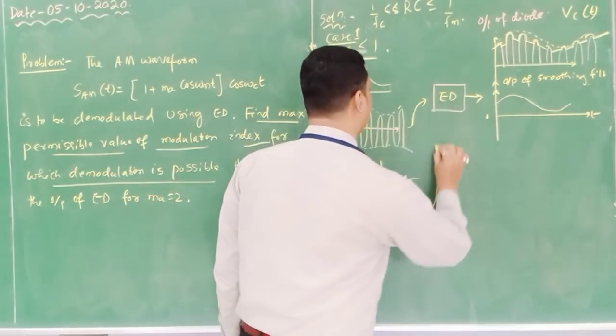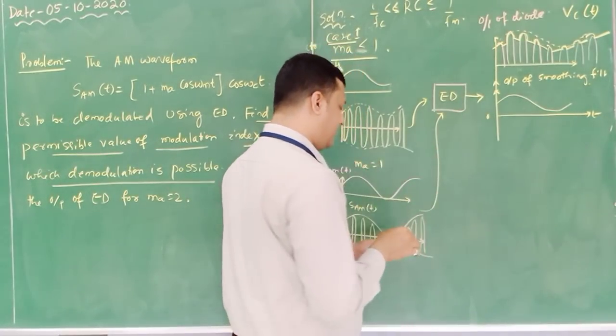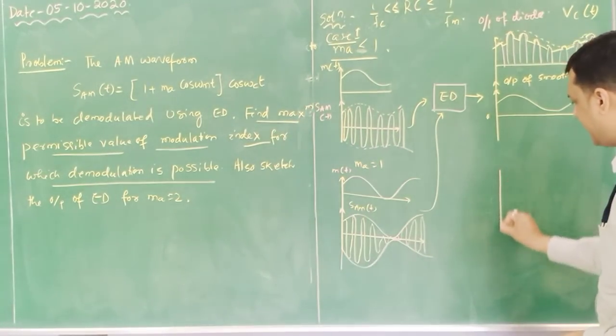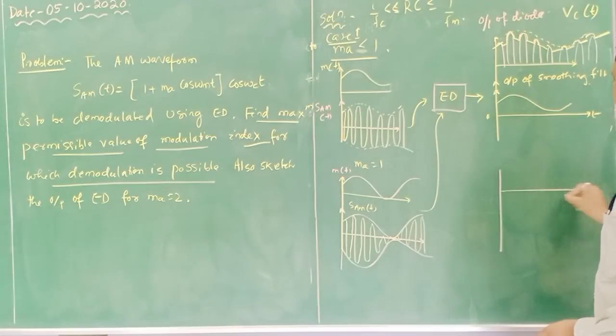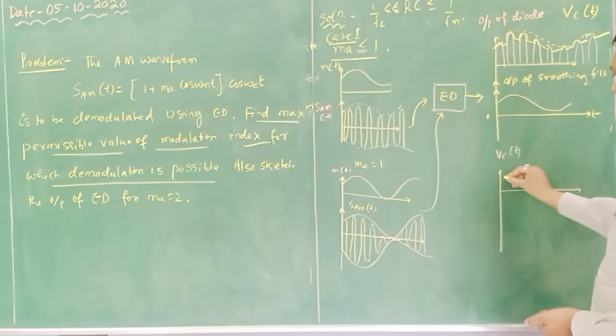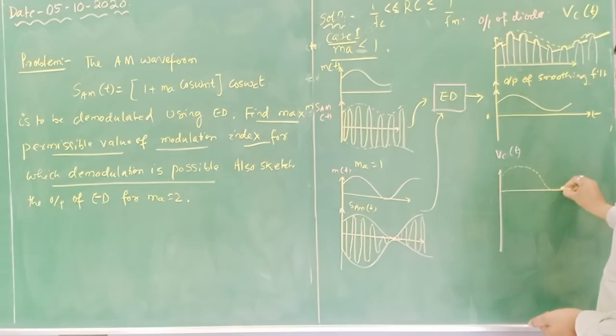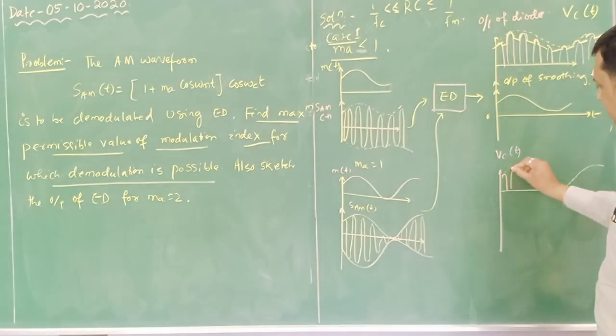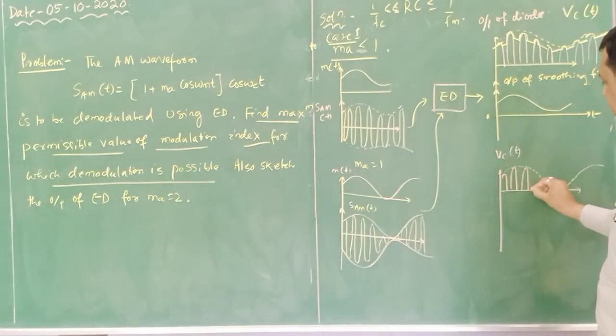Now when this modulated signal is given to the envelope detector, the first output is across the capacitor, because there is a parallel capacitor available. Within this, only the positive half cycles are available.